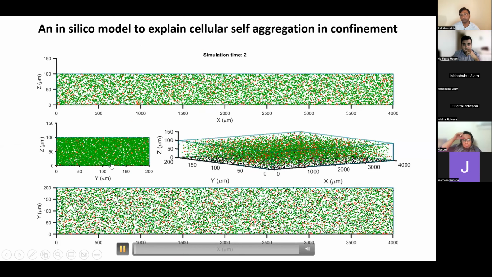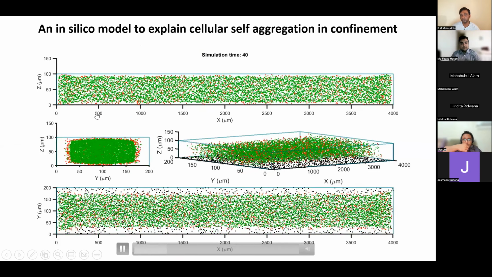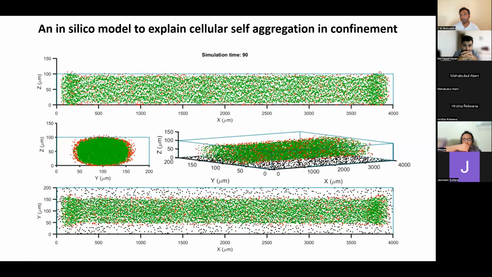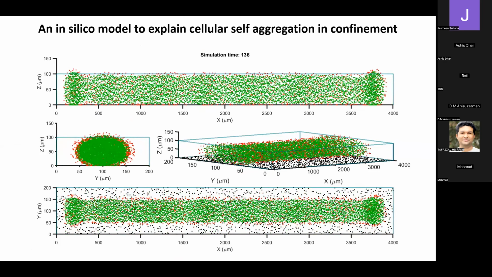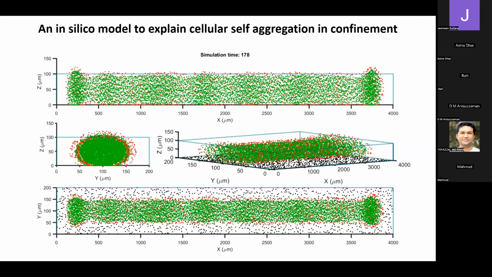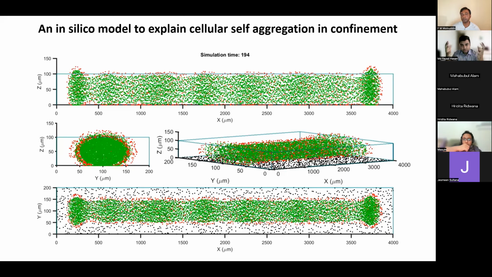Here the green ones are the neurons and the red ones are the astrocytes. Previously we showed that when we put these cells together, the astrocytes go towards the outer side and the neurons get to the inner side, and then the neurons cluster to each other. Mathematically, we also showed how that happens.